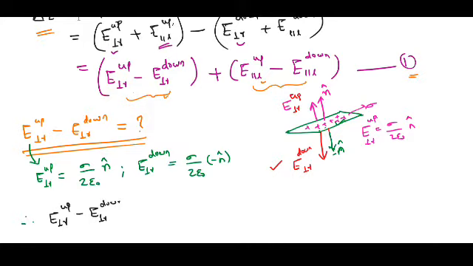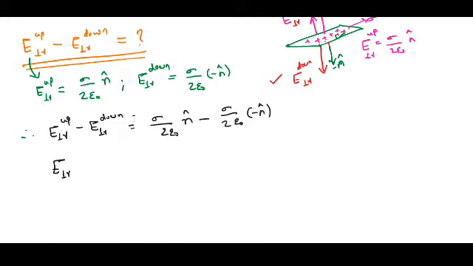Or I can write E perpendicular up minus E perpendicular down is equal to sigma divided by, here this minus will become plus, half sigma by epsilon 0 plus half sigma by epsilon 0 means sigma divided by epsilon 0 n cap.